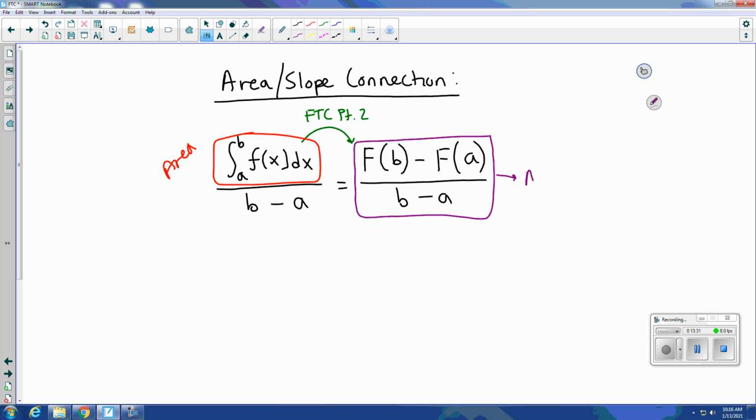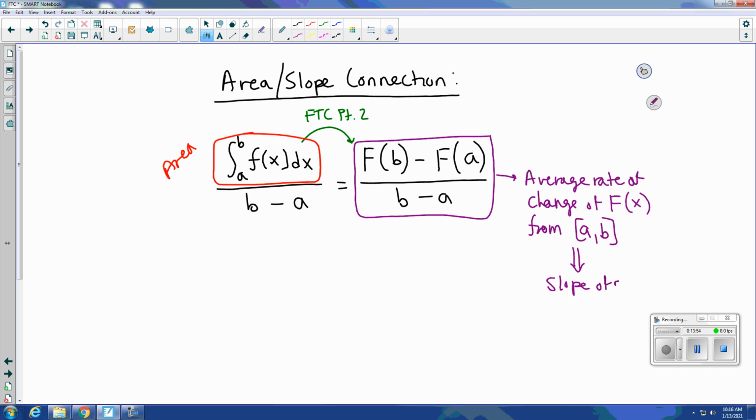So this is the average rate of change of F of x from a to b. And we know average rate of change is slope, specifically of the secant line that connects those two points.